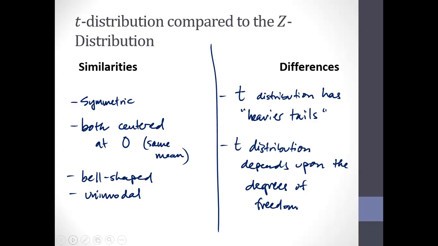So the t-distribution has this extra thing that we need to think about, which is the degrees of freedom. And as you can see from the picture, when the degrees of freedom are different, the curve looks a little bit different. Again, it's very, very similar, but it is slightly different. So it has this extra thing that it depends on, unlike the standard normal distribution.